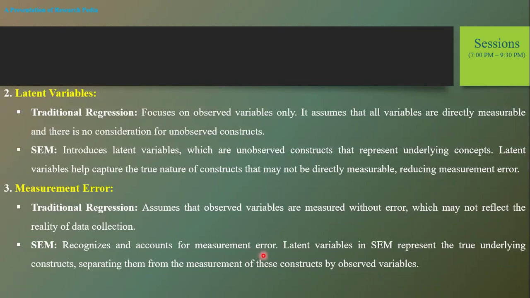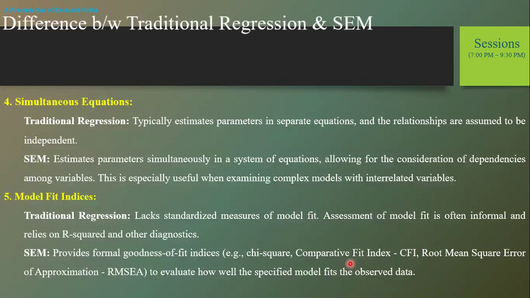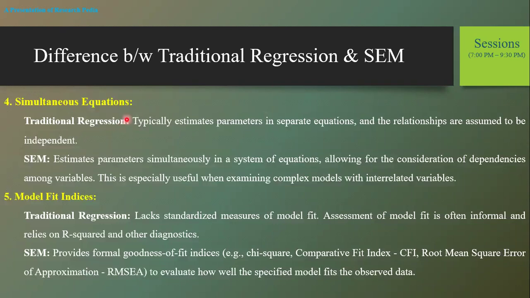It may also indicate that your latent constructs or your unobserved variables may have some error. It will indicate when we analyze the data using the SEM. But in case of regression analysis, we may not have the measurement error. So latent variables in SEM represent the true underlying constructs, separating them from the measurement of these constructs by observed variables.